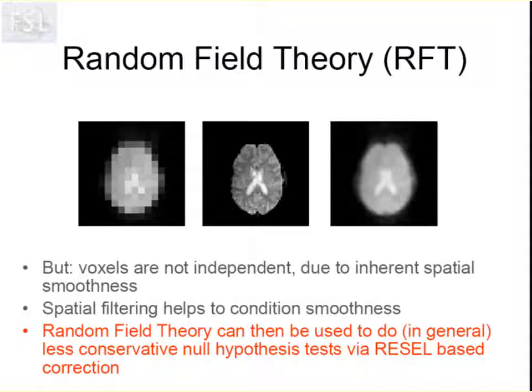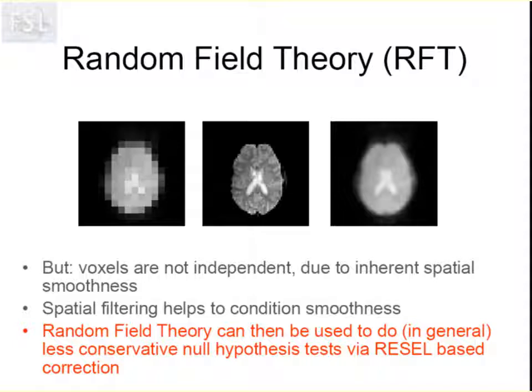Given this estimate of the statistically independent number of units, referred to as resels, or resolution elements, you'd end up doing something like a Bonferroni correction, where you divide alpha by the number of observations, where the number of observations is the number of squares in this image on the left, rather than the original number of voxels from the image in the middle.